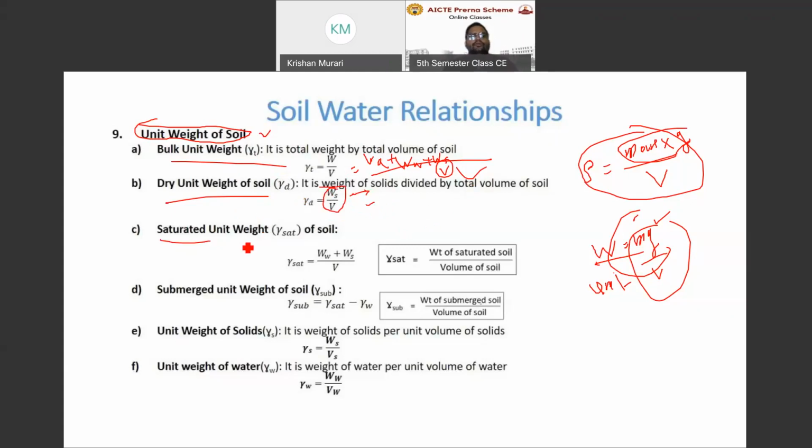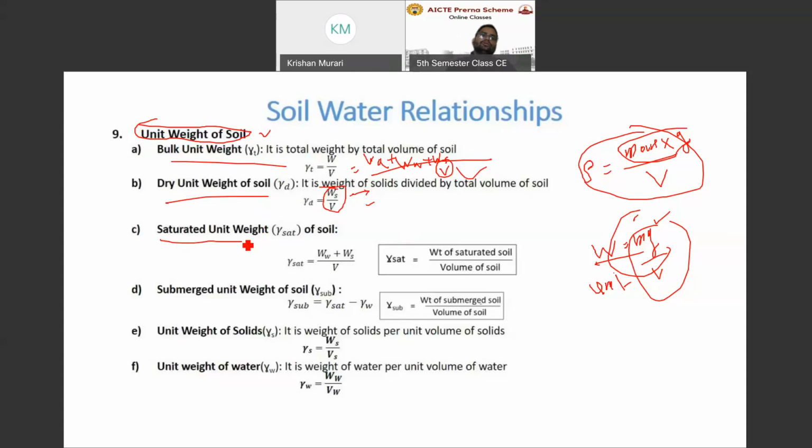Now the saturated unit weight. You also know what saturated soil is. Saturated soil is there whenever all the air voids are replaced by water. That particular condition is called saturated soil.